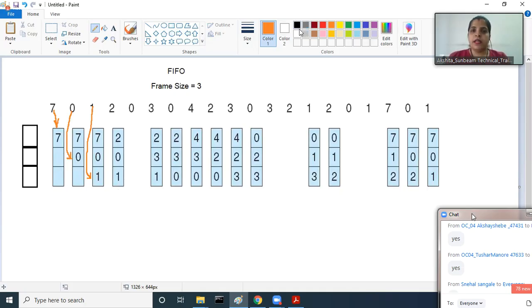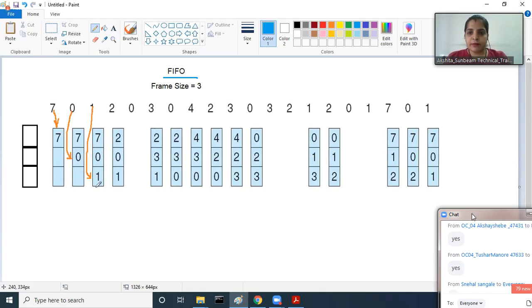Right. Next, 2 came. Do I have an available free space? No, I do not. Now comes the chance to make someone a victim: 7, 0, or 1. Which policy am I using? FIFO policy. The page which came first will go out first.